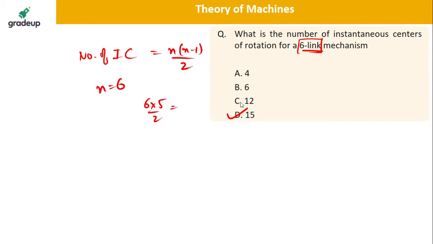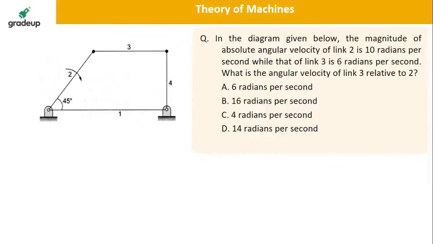Next, we have a diagram given below. The magnitude of the absolute angular velocity of link number 2, omega 2, is equal to 10 radian per second, and link number 3, omega 3, is equal to 6 radian per second.